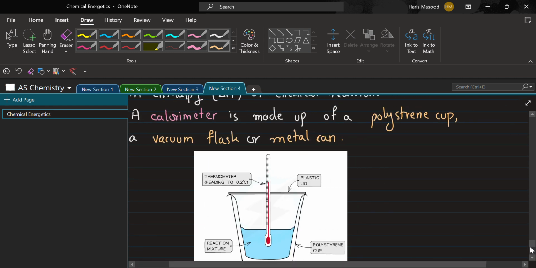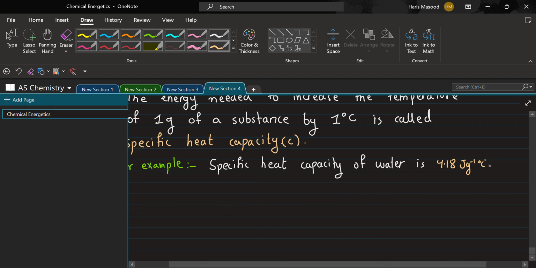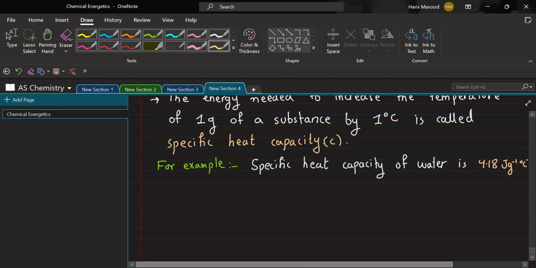Okay, or per degree Celsius, you can say. Then, moving on. So, how can we calculate the energy transfer?